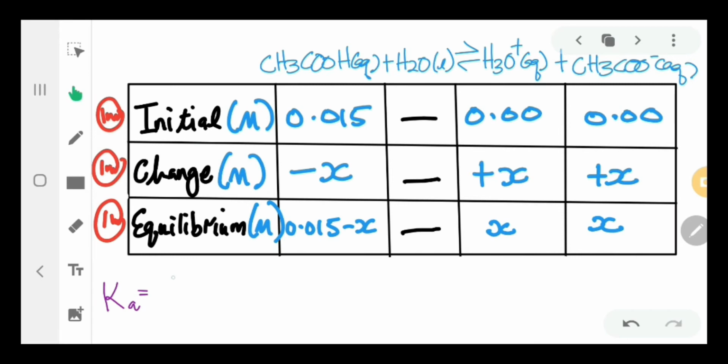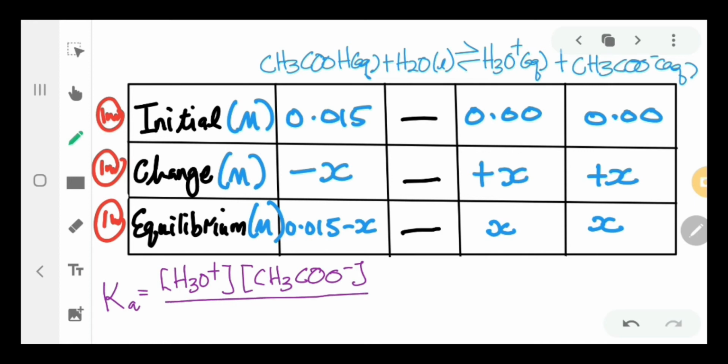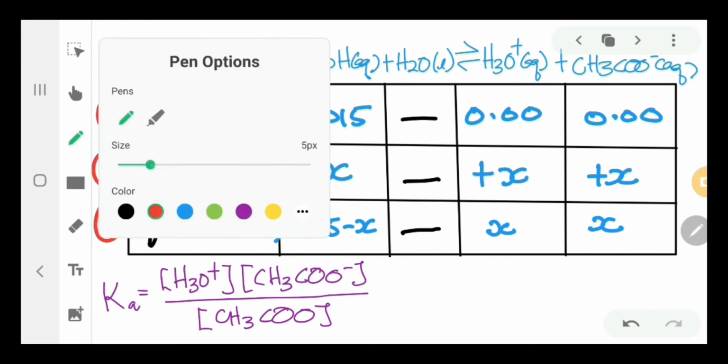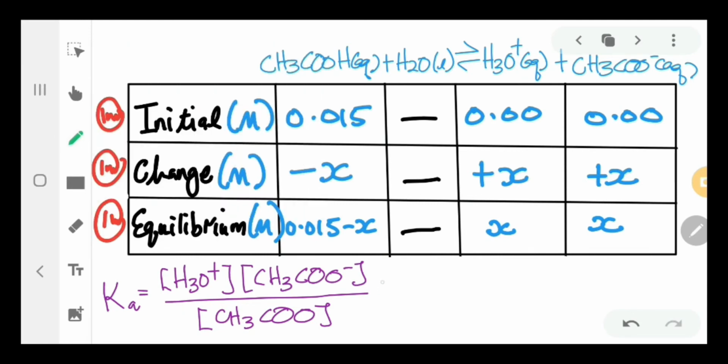So the Ka expression would be the concentration of H3O plus times the concentration of CH3COO minus, divided by the concentration of CH3COOH. By writing this, you'll get another 1 mark.